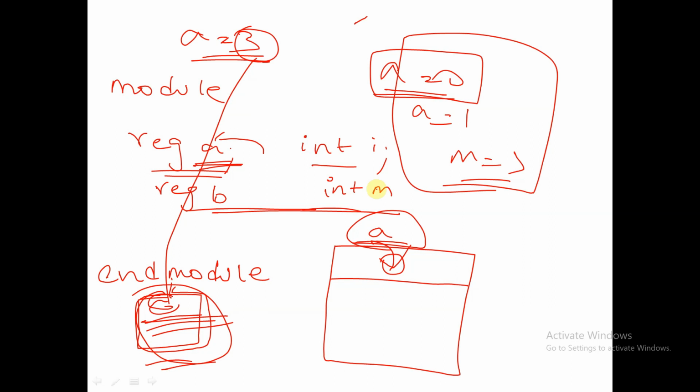Exactly. Yeah. So now let's discuss some basic terminologies in OOPS, and we will come back to this static and dynamic memory allocation. So there are some basic terminologies in OOPS.